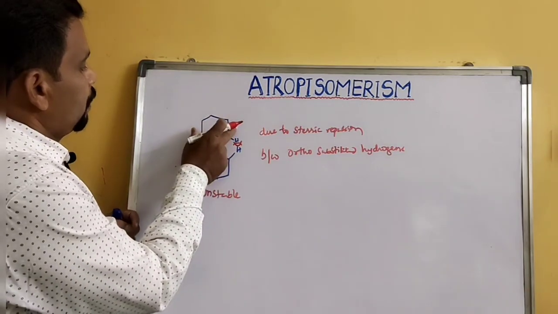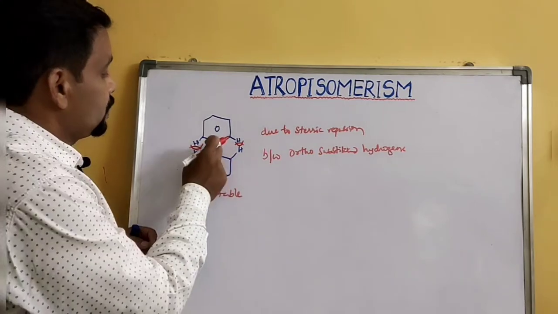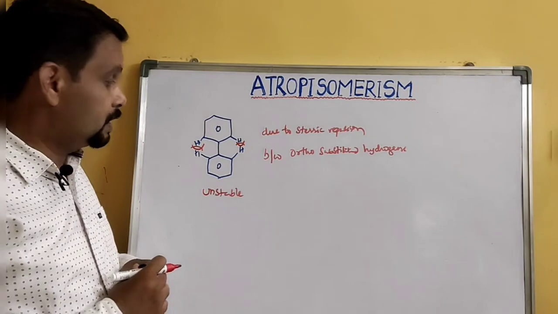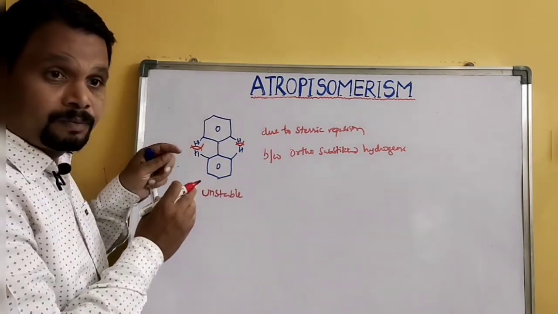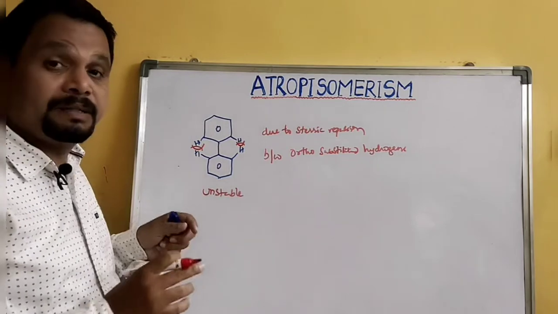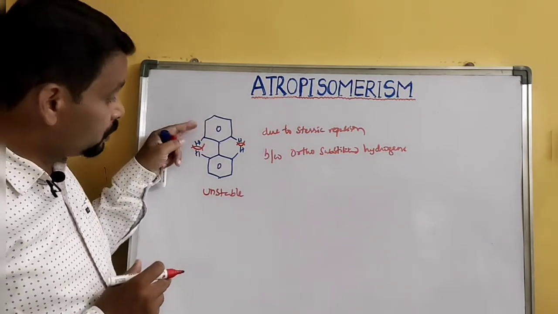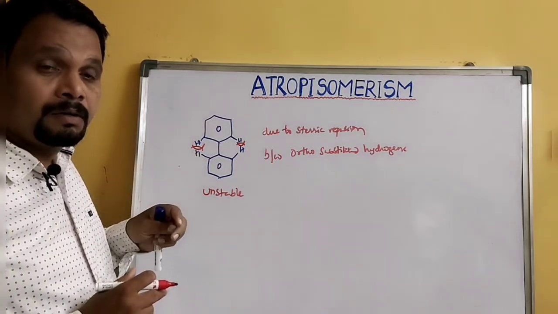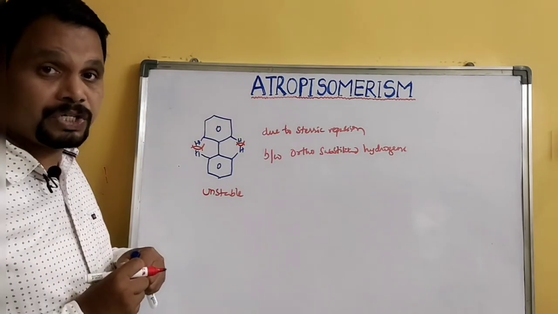This upper phenyl ring can be rotated through this single bond, the pivotal bond, so that this biphenyl system will not be planar. Both the aromatic rings are not able to be in a planar structure.